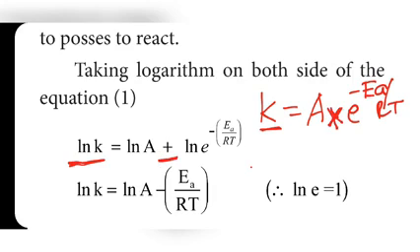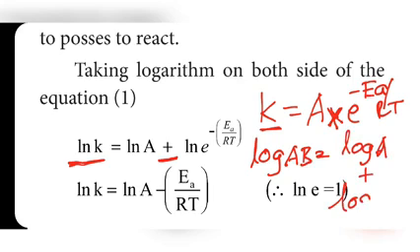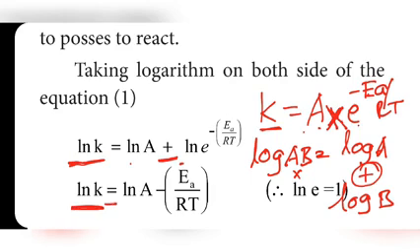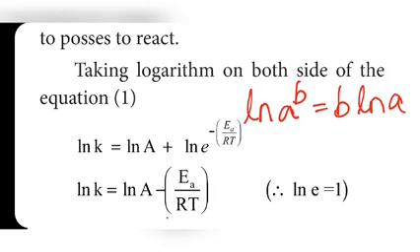Based on this formula, log AB is equal to log A plus log B. So ln A plus ln e power minus Ea by RT. The same point is given in the next step, ln k equal to ln A minus Ea by RT.